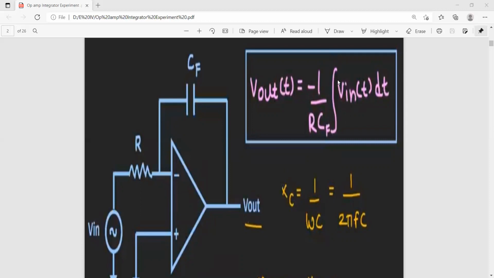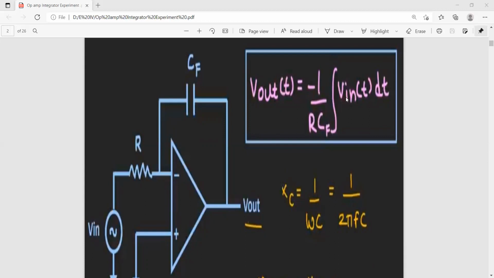So the integration of the differentiation gives its actual function, that is Vin. If there is a second order differentiation, we need two integrators. The first integrator will remove one differentiation, and one more integrator is required to eliminate the second differentiation. Like that, this integrator is one of the important circuits.